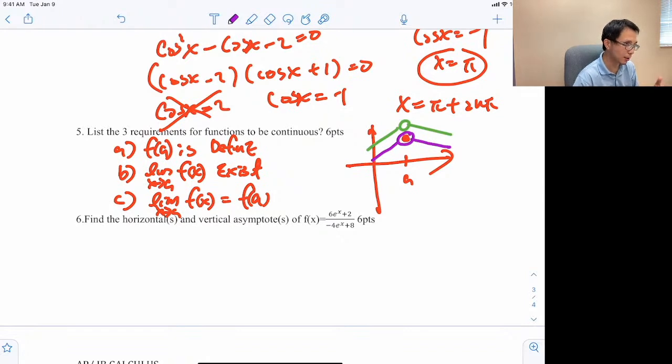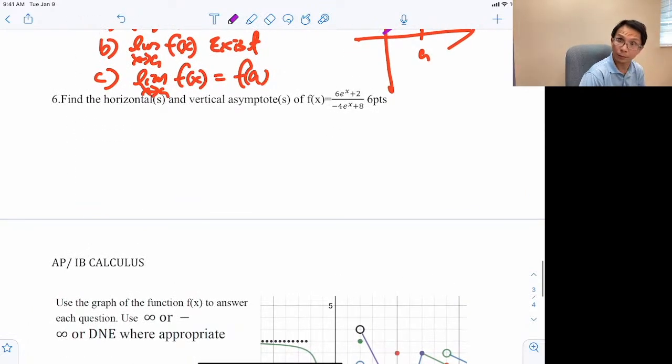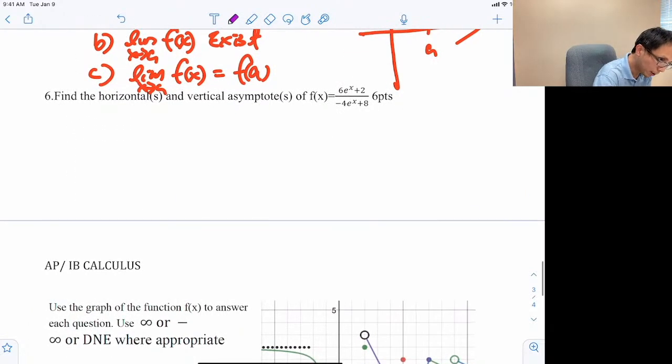So therefore, C is telling you not only that f of a is defined and the limit has to exist, but they must equal each other to make it continuous. So there are those three conditions. The fourth condition has a horizontal asymptote and a vertical asymptote. First of all, let's do the vertical asymptote: the denominator of e to the x equals 0.